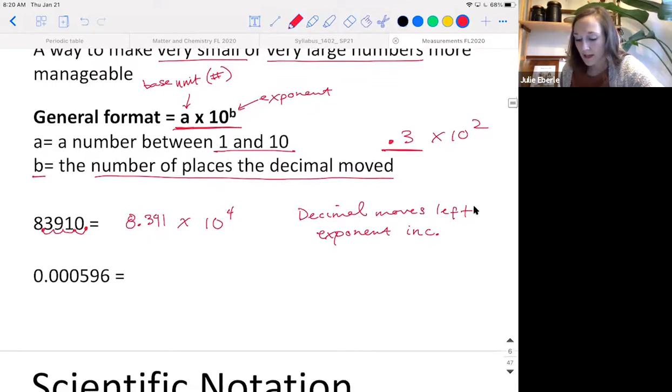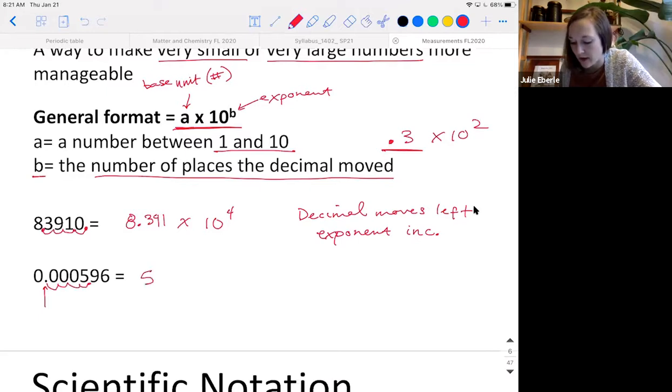All right, let's take this second number and turn it into scientific notation. So we see that the decimal is currently between these first two zeros. We want to turn this into a number between 1 and 10. So we're going to move it to after what digit? Yes, I'm seeing in the chat after the 5. 1, 2, 3, 4 places.